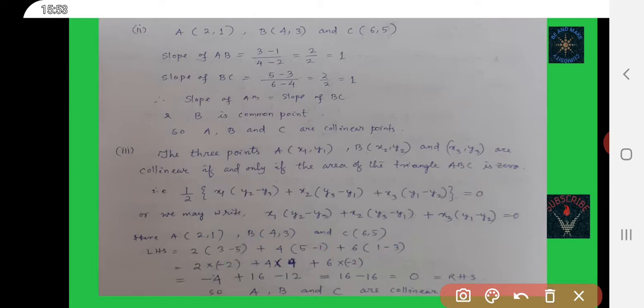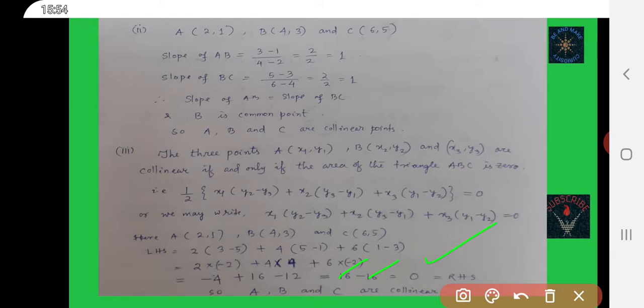Then you multiply, you get minus 4 plus 16 minus 12, and then you add these two, then you get minus 16. Then 16 minus 16 cancel to give 0.